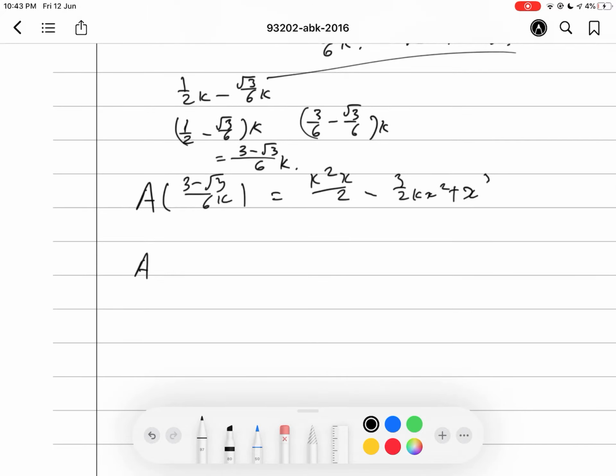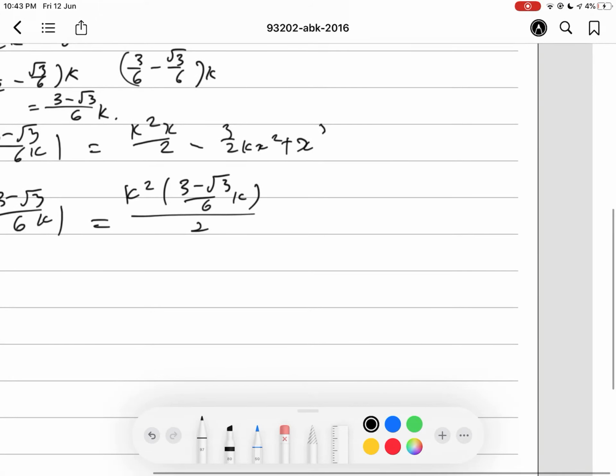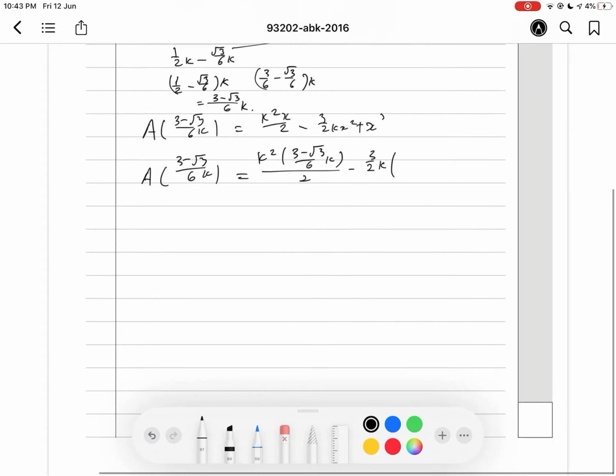Alright, so we need to substitute this value as x and find our maximum area. So we get k squared times 3 minus root 3 over 6k divided by 2, minus 3 over 2 k x squared. Now we need to do a little bit of algebra here.